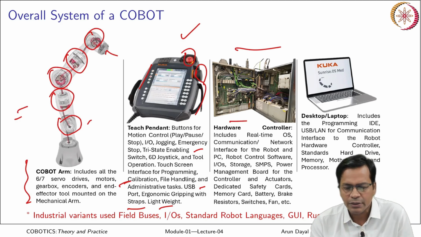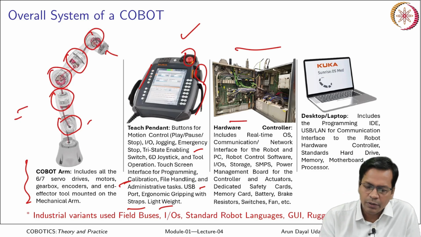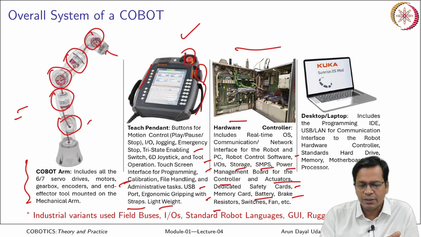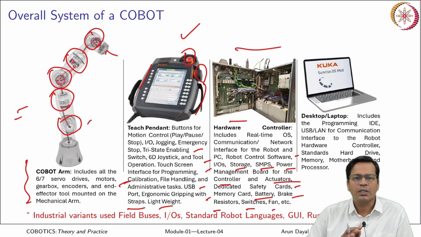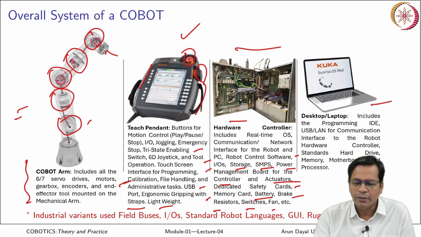So it has a real time operating system, communication, network interface for the robot and the PC, robot control software, input output, storage, SMPS, power management board for the controller, dedicated safety card, memory cards, battery, brake resistors, switches, fans, etc. All those things go to this hardware controller.